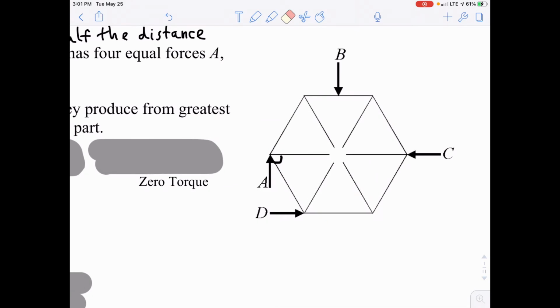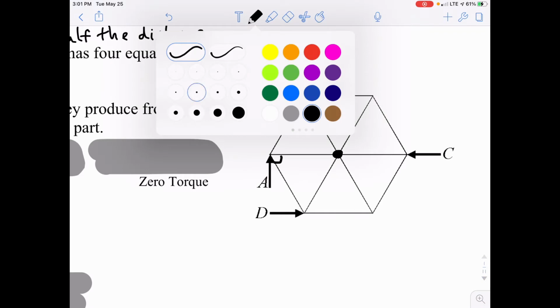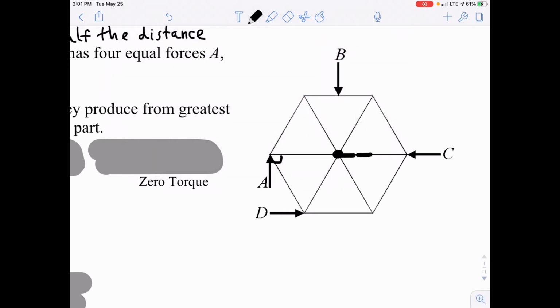Here is the center, right here. If you notice, force C and force B, examined as the distance from the pivot to where the force is applied, are parallel forces.